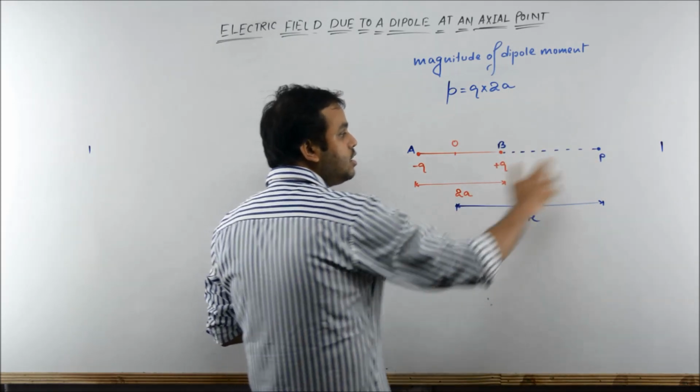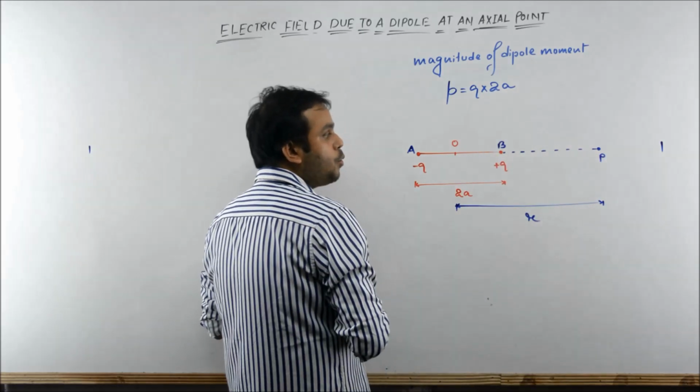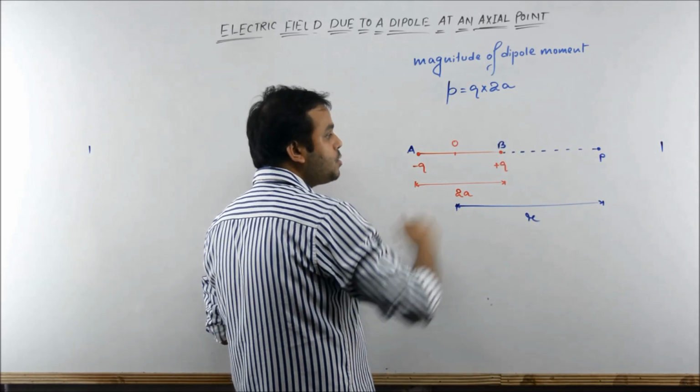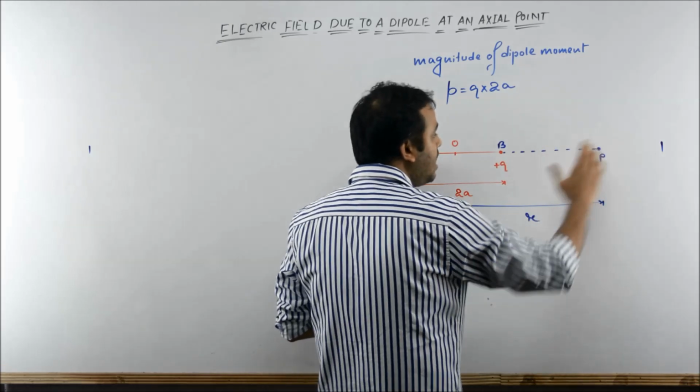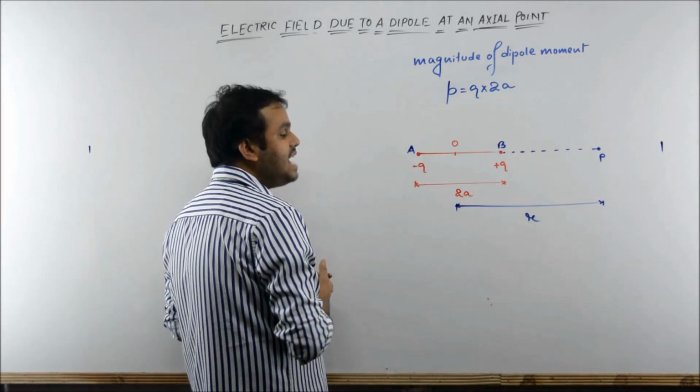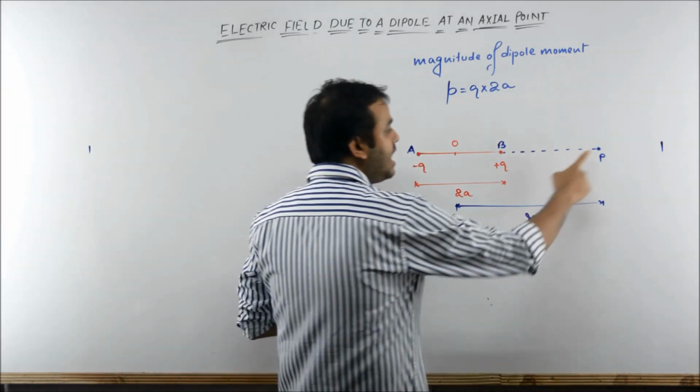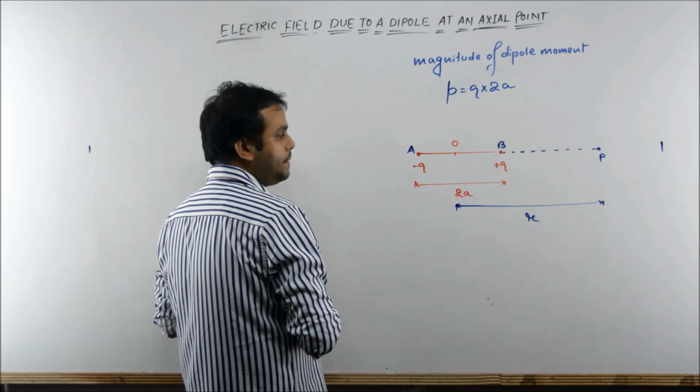Clear students? So this is point P, which is an axial point lying on the dipole axis, and our wish is to find the net electric field at this axial point P.